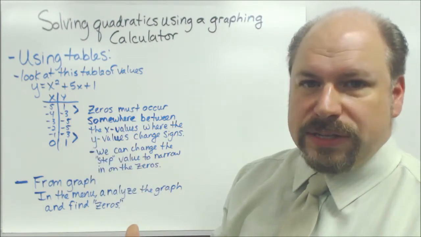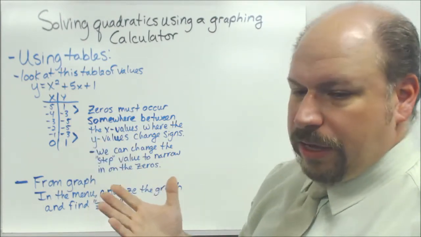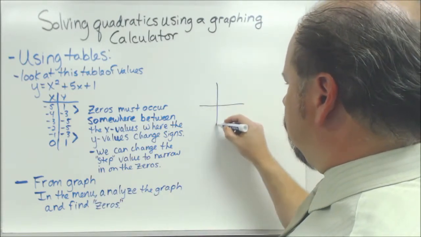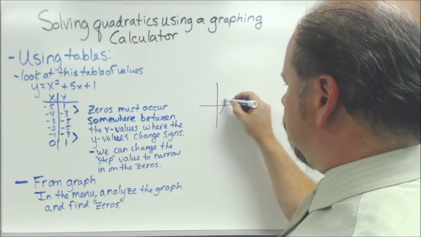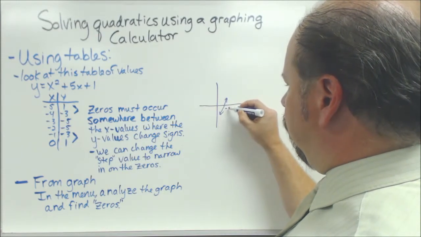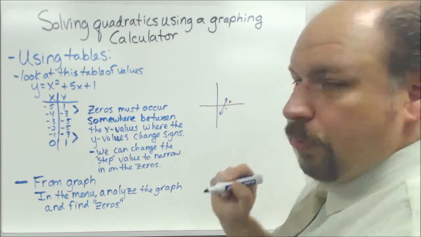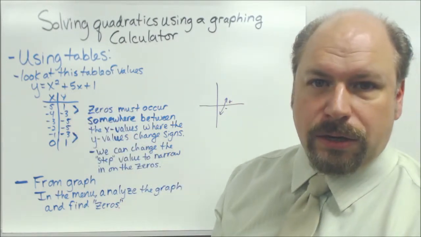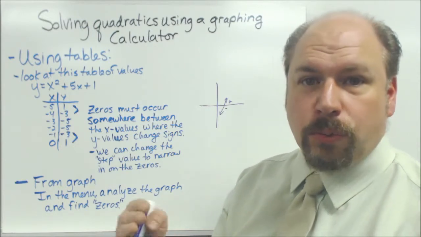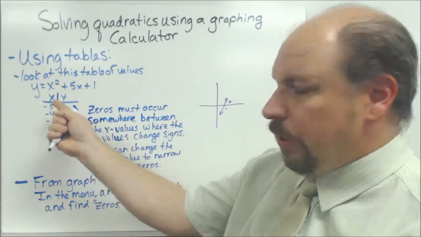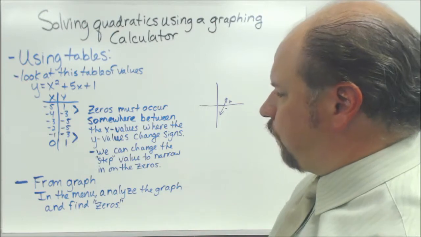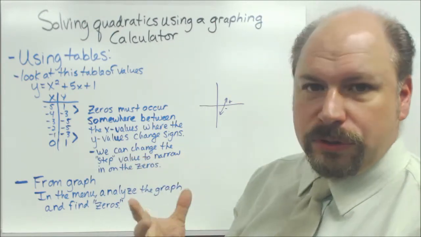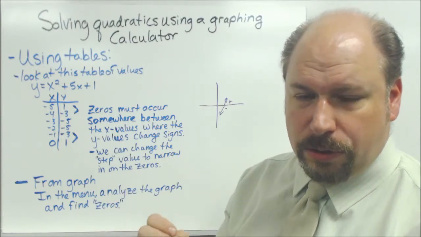So hopefully it makes sense that as we cross the x-axis, the y value must be negative on one side and positive on the other. So if we see that change in sign, we know there must be a 0 somewhere in between these two x values. Okay, so what we can do is change the step value to narrow in on these zeros.